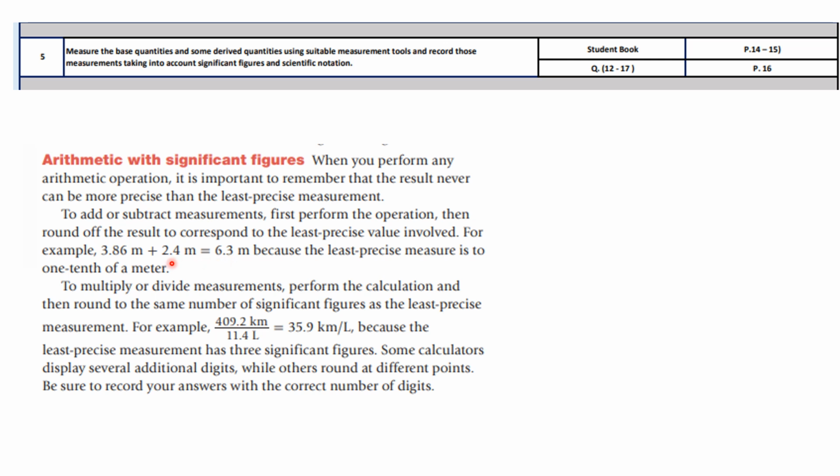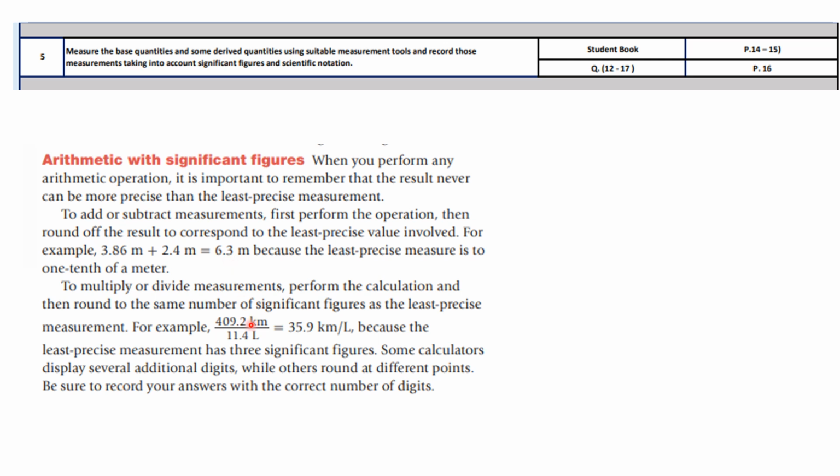The least precise is 2.4, because it contains 1 digit after the decimal. This is not the least, 3.86, because it contains 2 digits after the decimal. So I go with 2.4, which means I take only 1 digit after the decimal. So the answer is 6.3, only 1 digit after the decimal.